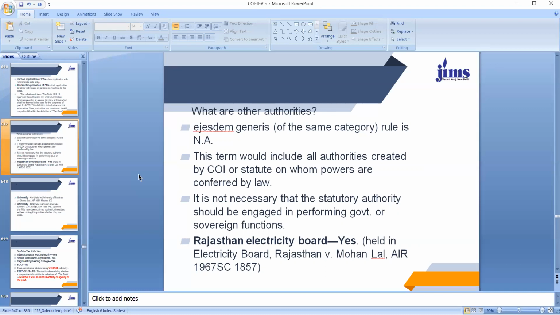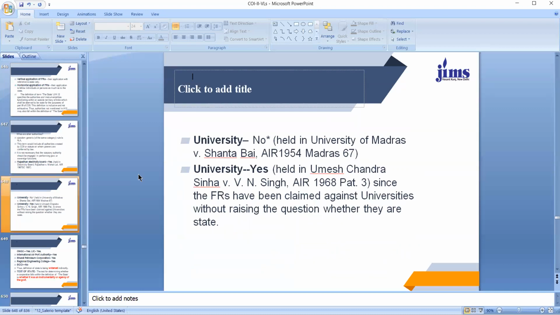Then what about university? Whether university is a state? Suppose university violates your fundamental right to education and you are withheld from taking examination on account of your shortage in attendance. So whether university is a state? The original judgment from Madras High Court was that university is not a state and is not included within the definition of state.